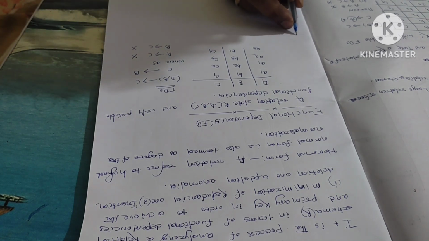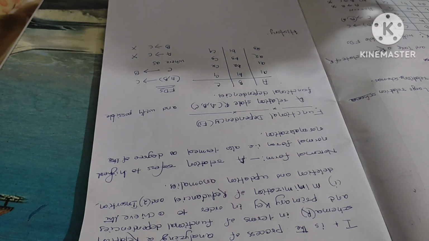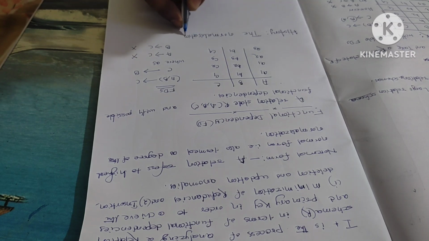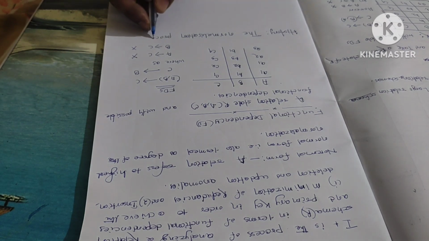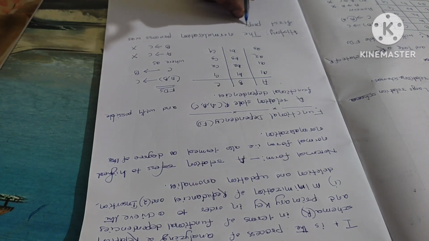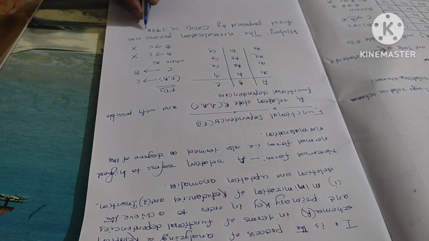So history. The normalization process was first proposed by Codd in 1972.